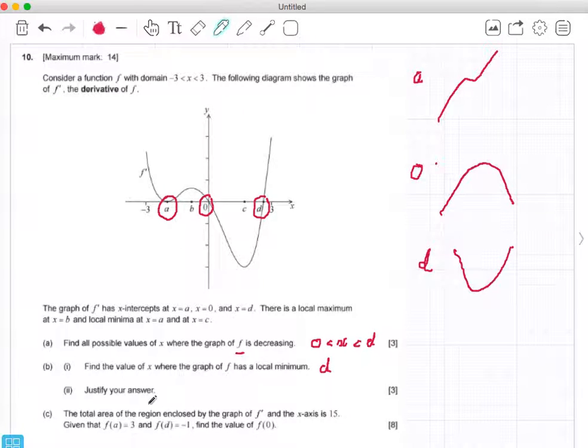Okay, and finally, it says the total area enclosed by the graph of f'(x) and the x-axis is 15. Now the area enclosed is here and here. So I want to integrate f'(x). When I integrate f'(x), I'm going to get f(x). So I'm going to go to the next page to give myself a bit of space.